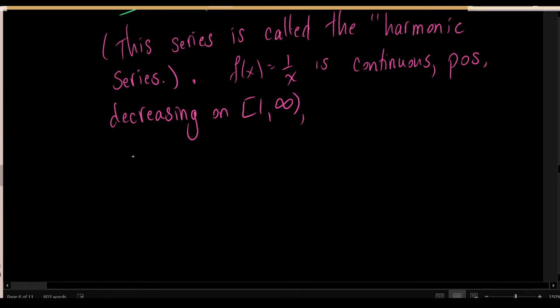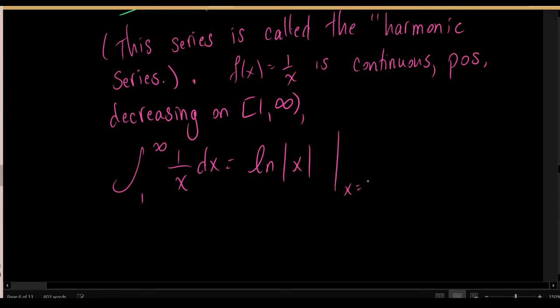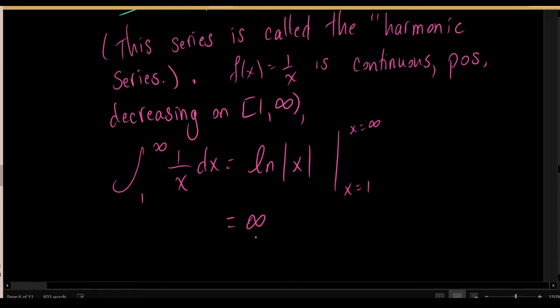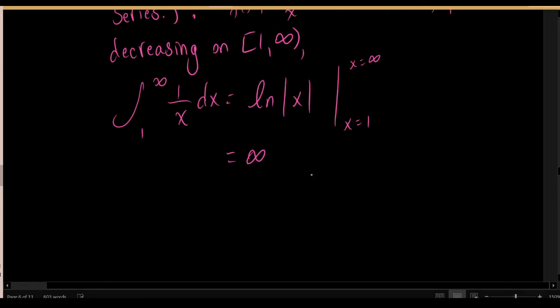So let's integrate from 1 to infinity 1 over x, and when we do this, we get the natural log of the absolute value of x. Of course, as x goes to infinity, the natural log of x also goes to infinity, which means that the harmonic series has to diverge because the associated integral diverged.